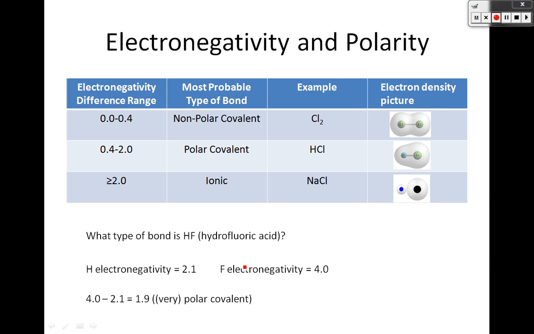And so 4 minus 2.1 is 1.9, making hydrofluoric acid polar covalent. And in fact, kind of the opposite of hydrochloric acid, hydrofluoric acid is very polar. It's so polar, it's almost ionic. Remember that fluorine has the highest electronegativity at 4.0. And so hydrofluoric acid is kind of on the opposite end of the polar covalent spectrum from hydrochloric acid.